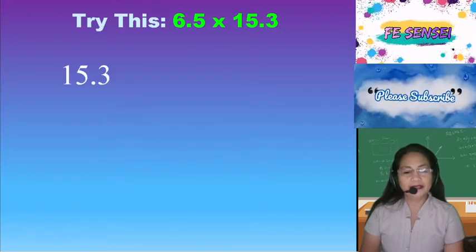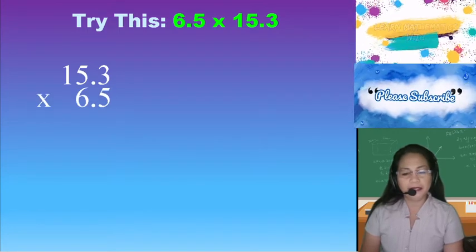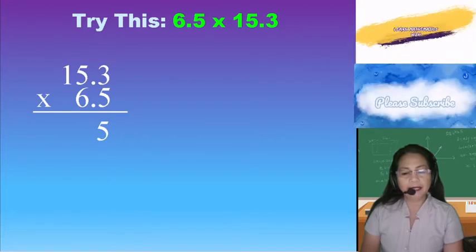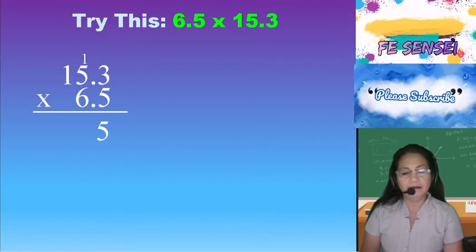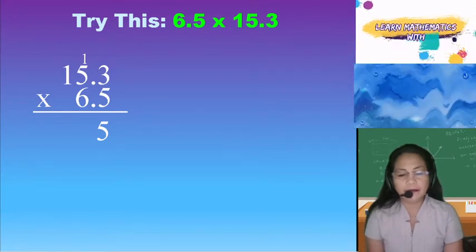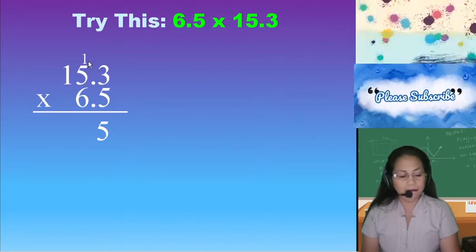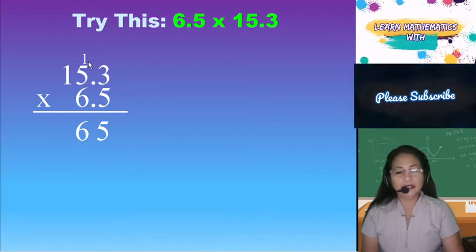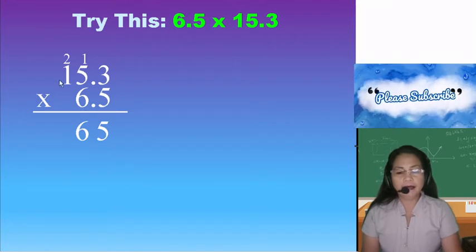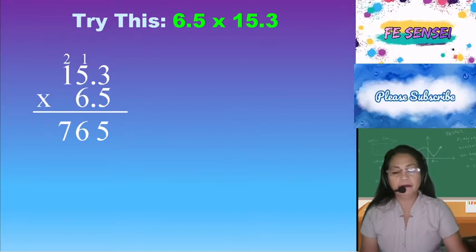Let's try this. 15 and 3 tenths times 6 and 5 tenths. So we have 5 times 3, 15, carry 1. 5 times 5 is 25, plus 1 is 26, 6 carry 2. Then 5 times 1 is 5, plus 2 is 7.